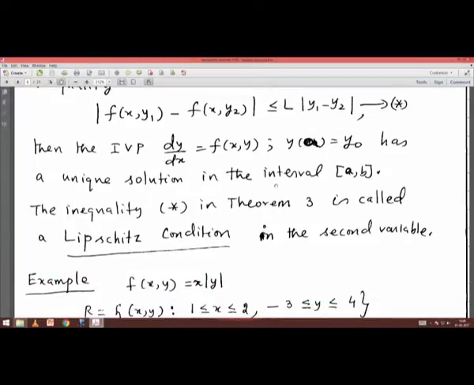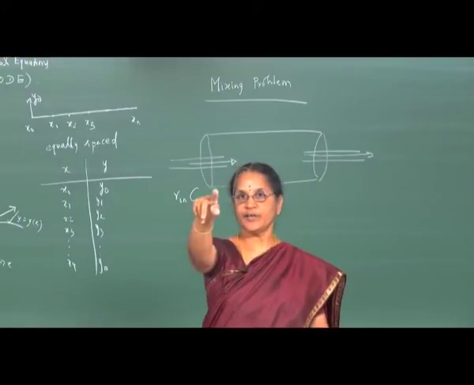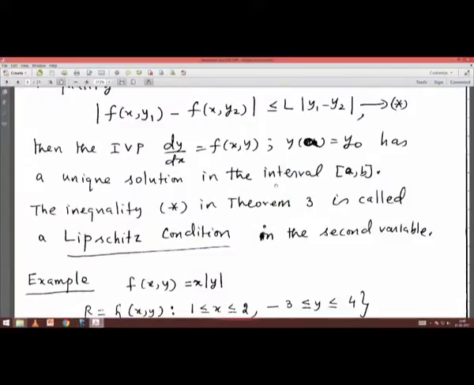So, function f must be continuous inside the rectangle centered at x naught y naught, and f must satisfy a Lipschitz condition in the second variable. Then the theorem asserts that the initial value problem has a unique solution in an interval of the form a to b. Just observe that the initial condition is specified at the left end point a of the interval [a, b]. y of a is y naught.